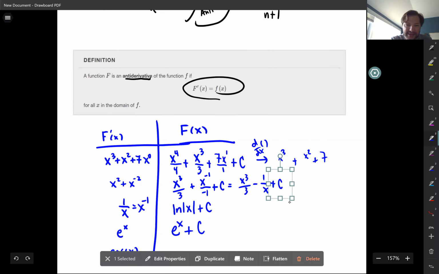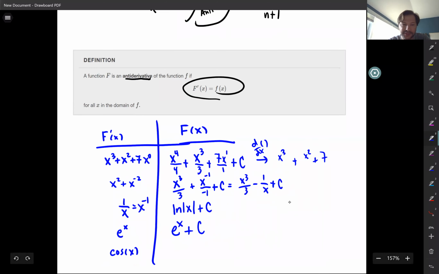Okay, and then the last one is cosine of x. And I don't know if you can see that. Okay, cosine of x. Well, when doing trig functions, especially just sines and cosines, I always liked putting this little wheel here of sine of x goes to cosine of x, goes to negative sine of x, goes to negative cosine of x. Okay, that's the derivative direction, that's d dx.